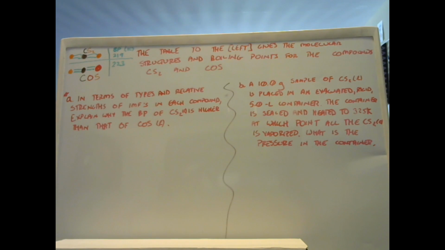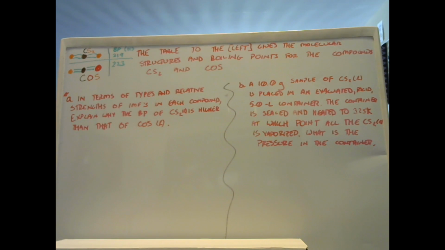Okay. The table to the left gives the molecular structures and boiling points for the compounds CS2 and COS. Question A, which is starred because it shows up on every AP test and almost always at the same answer or same concept, so we're going to be very, very careful with it and make sure we talk about it explicitly.